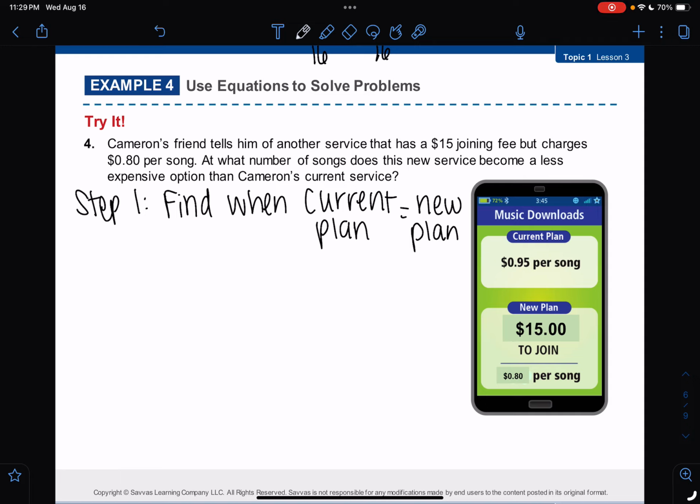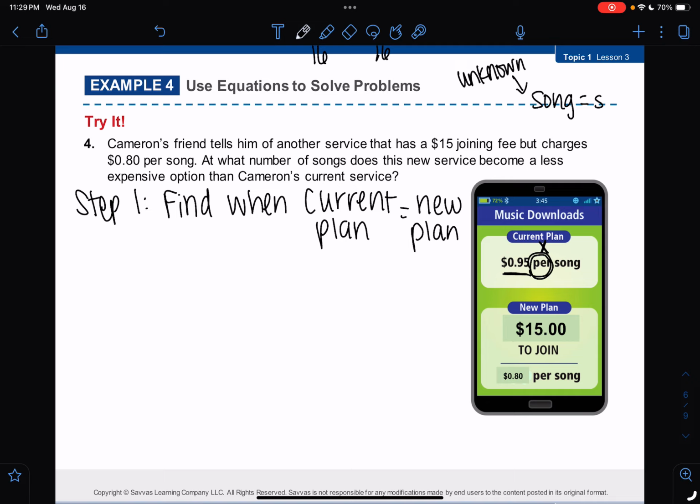All right, so the current plan for Cameron is he's got this 95 cents per song, right? The per means I need to be multiplying, right? That's multiplier language, okay? And then per song, we don't know how many songs, right? So how about we say song is S, because it's an unknown amount.